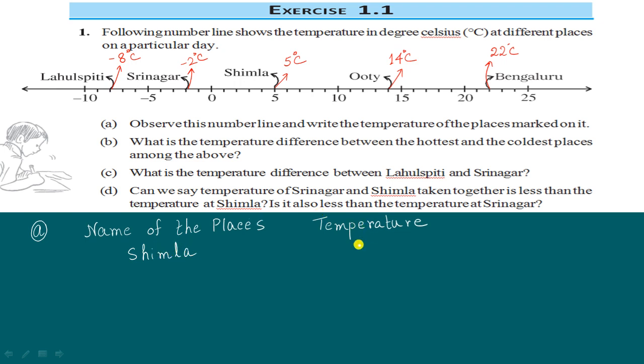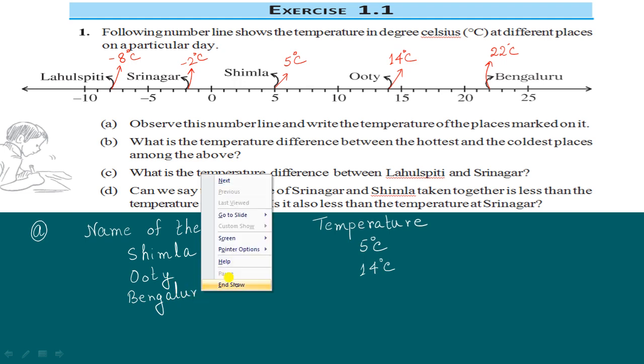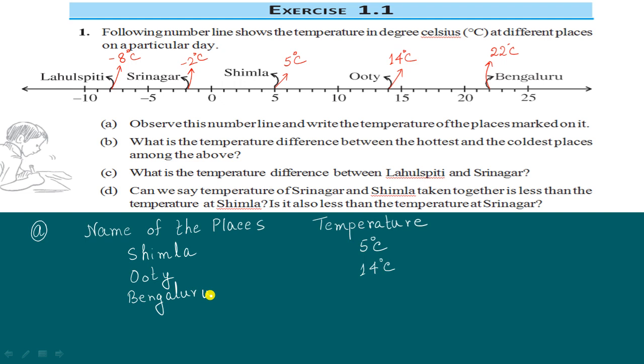And the temperature of Shimla is 5 degrees centigrade. The next one is OT, and the temperature of OT is 14 degrees centigrade. And the next one is Bengaluru. The temperature of Bengaluru is 22 degrees centigrade.